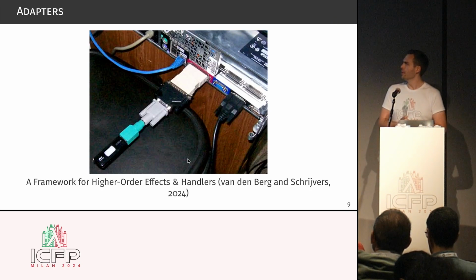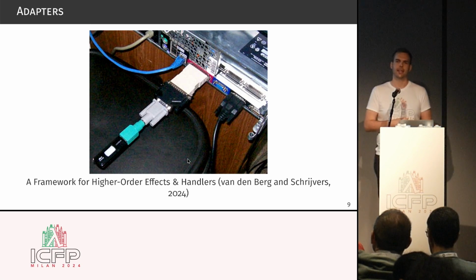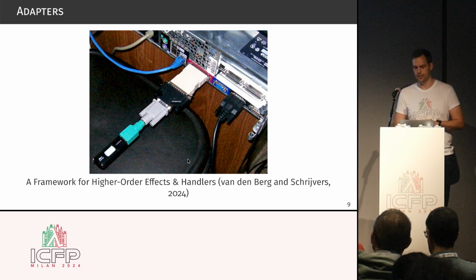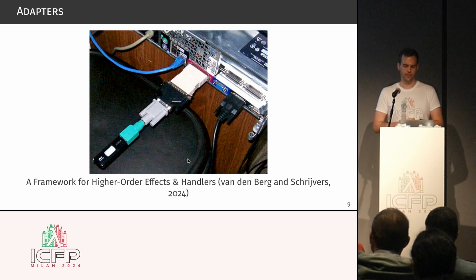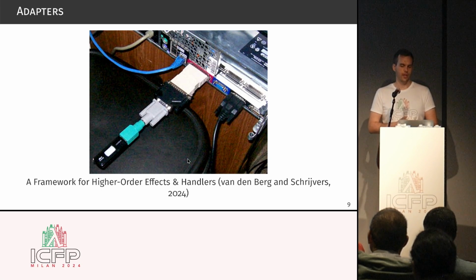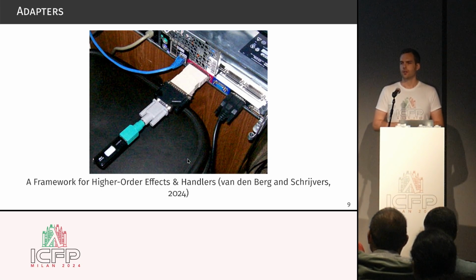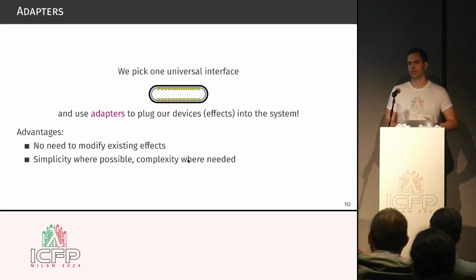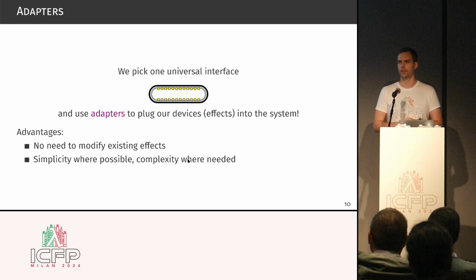Well, adapters are a great solution to that. There's this wonderful paper by Bunkenburg and Schrijvers called A Framework for Higher Order Effects and Handlers that solves exactly this issue. So basically, we just pick one universal interface, and then we use adapters to plug all our effects into the system.